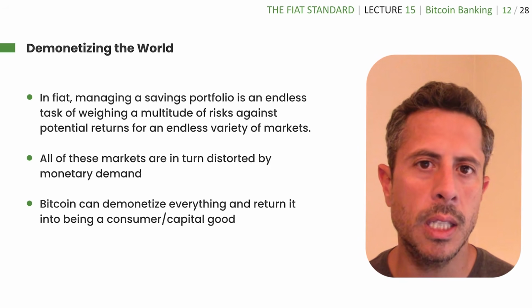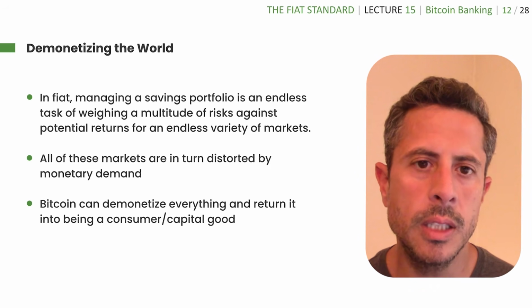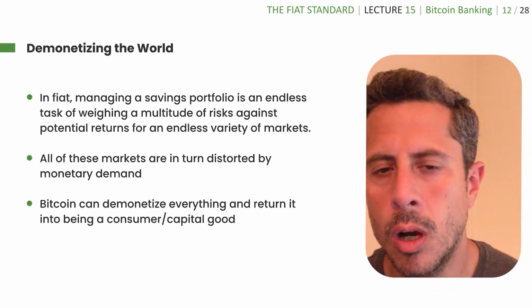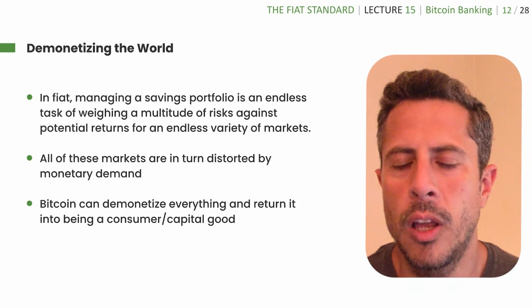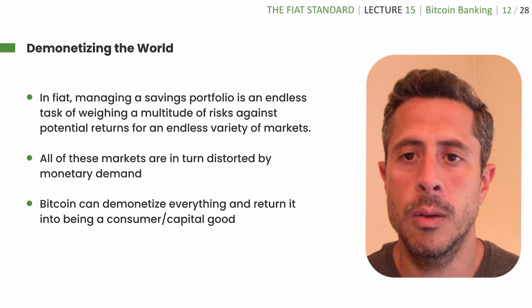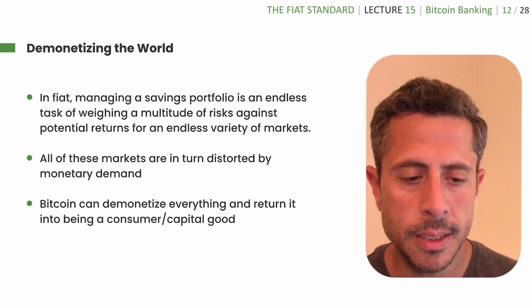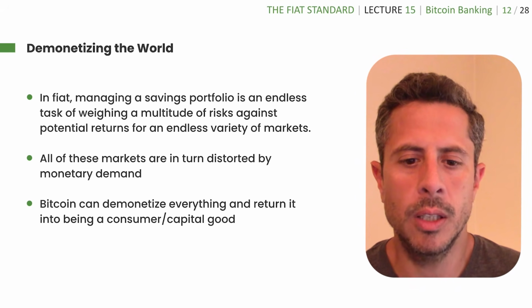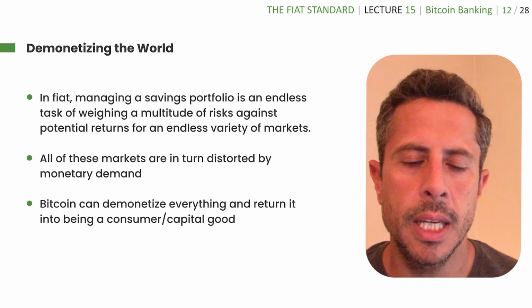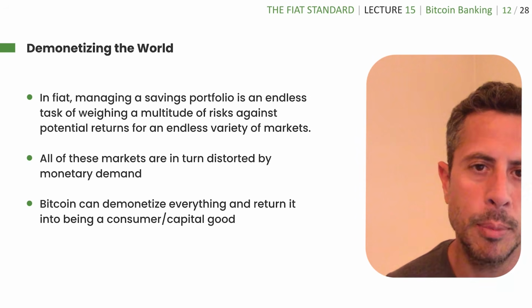Well, all of these markets are distorted by monetary demand. The price of Coca-Cola stock is distorted by the fact that a lot of people are buying it because it's a way for them to save. It's a way for them to avoid inflation. But Bitcoin can basically demonetize everything and return it into being a consumer and or capital good.